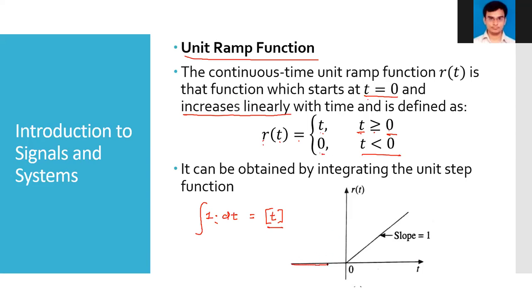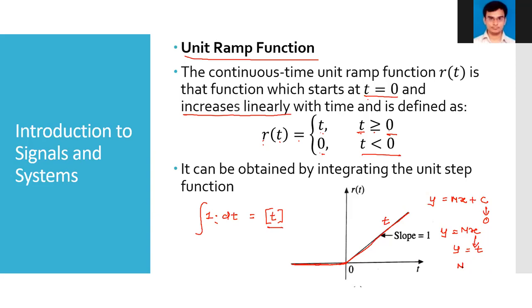That means here it is having 0 value, whereas here it is having value t. The slope is equal to 1, because if you compare it with y is equal to mx plus c, here c is 0. So y is equal to mx. And if you see that y is equal to t, compare with it, where x is equal to t.